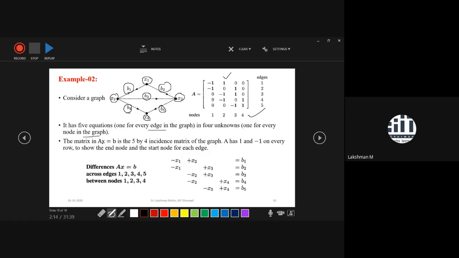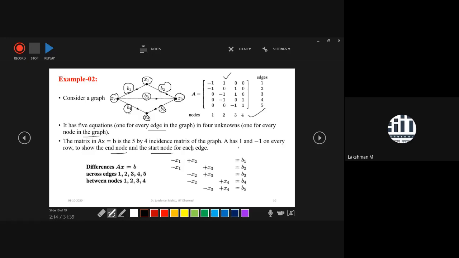That means we are getting a matrix equation Ax = b, where A is a 5 by 4 matrix, and the entries of A are just 1 and -1 on every row to show an end node and a start node for each edge. One for the end node and -1 for the starting node.